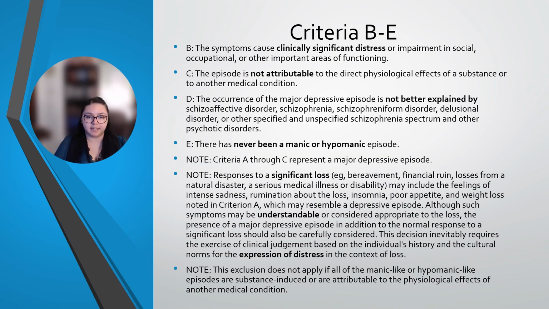So this slide right here is going to be criteria B through E. This is where we're going to see our notes and our exclusionaries from other types of diagnosis. Criteria B is going to be symptoms causing clinically significant distress, right? They're not just minimally distressed, they're clinically significantly distressed. So they're maybe causing problems for social, occupational, or other important areas of functioning.